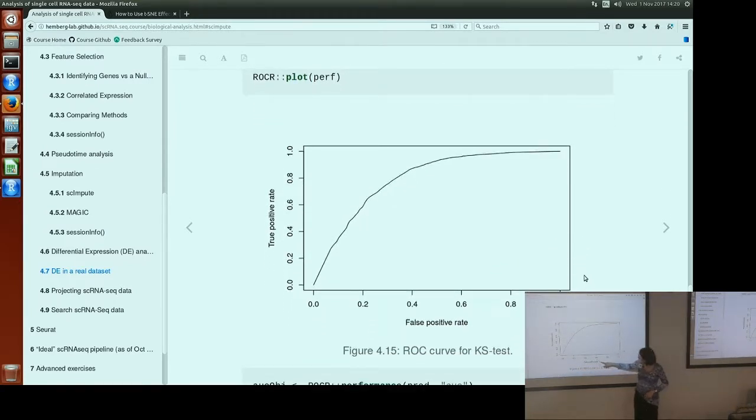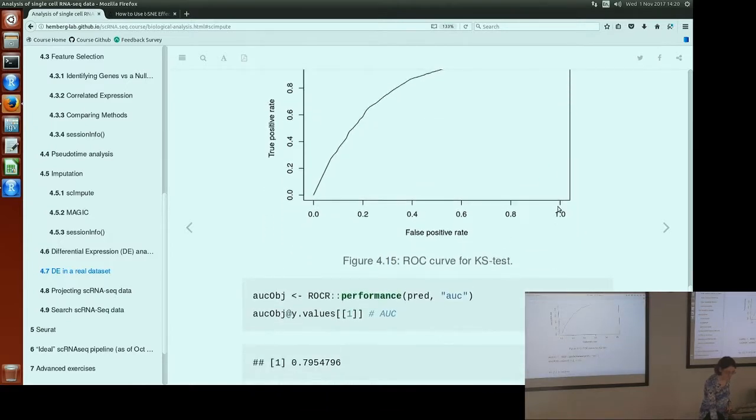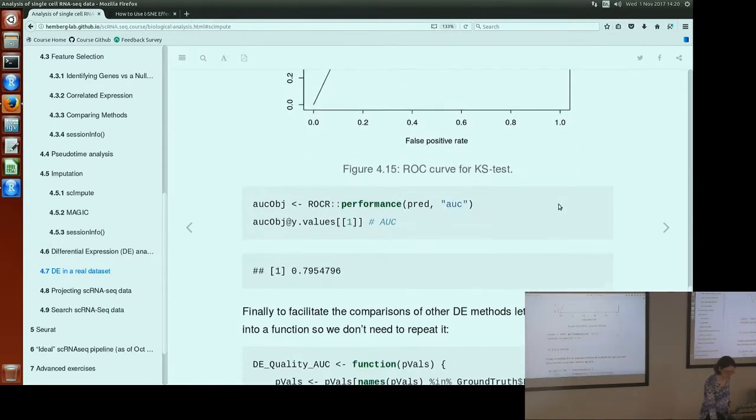So this is the false positive rate against the true positive rate as we vary the significance threshold. If our test didn't work at all and we were just selecting genes by random chance, there should be a diagonal line from 0,0 to 1,1, and we have an AUC of 0.5.